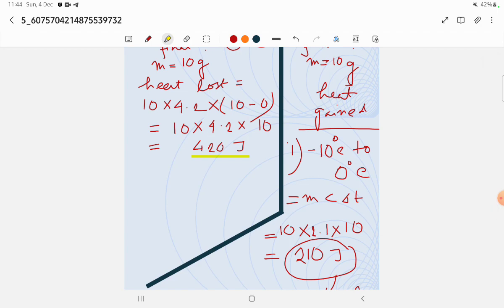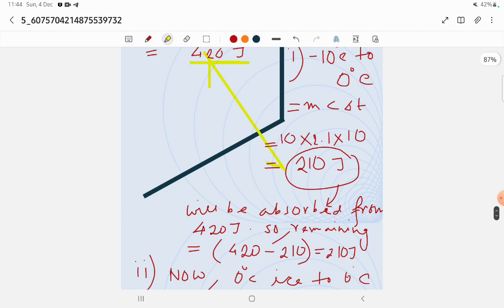This 210 of heat energy will be extracted from this 420 joule. So from 420 joule, 210 is gone, and the remaining heat energy is 210 joule.